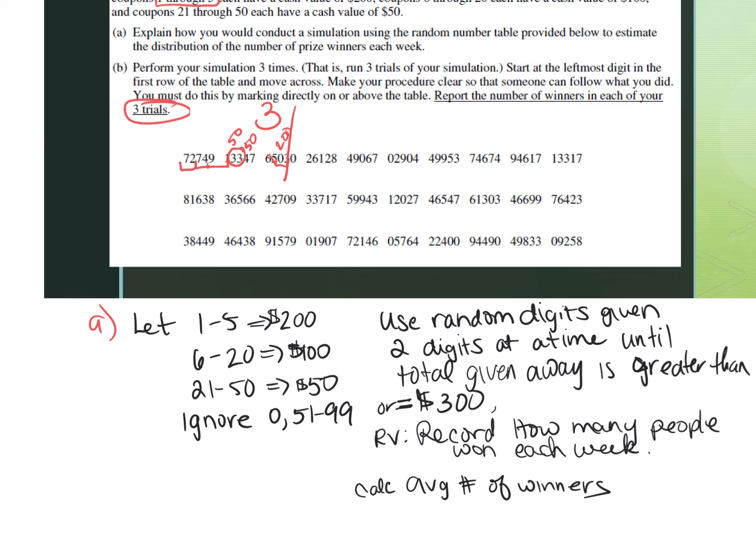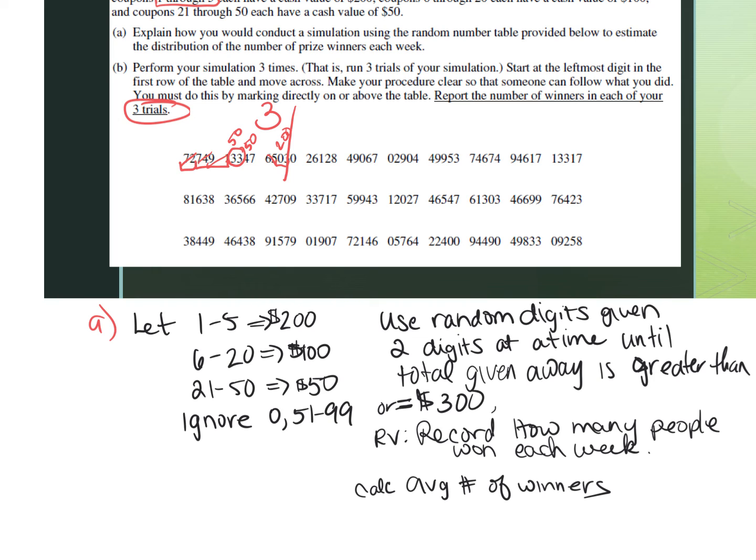That's marking, like these are the ignore numbers. This number is 50. See how I'm writing on the numbers to show what they mean? That's what they want to see. You must do this by marking directly on or above the table and report the number of winners in each of the trials. So it doesn't tell us whether we have to start over again. So we're just going to, we can keep going.